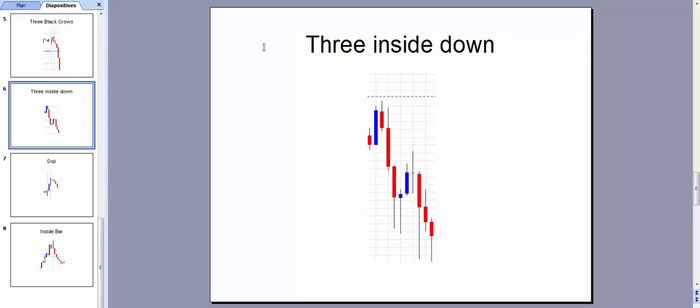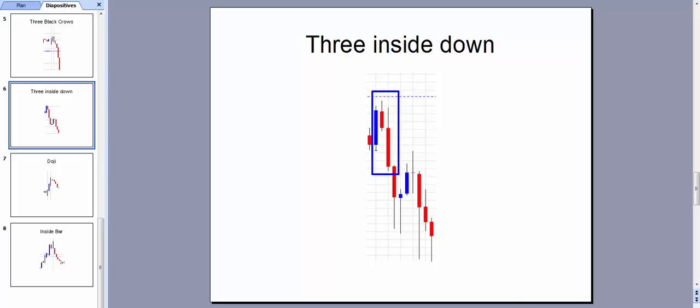The next candle pattern is the three inside down. It is the opposite of the bearish reversal pattern, the three outside up. When you see this pattern at the end of an uptrend, it indicates a bearish trend reversal, and the bearish trend is coming in.